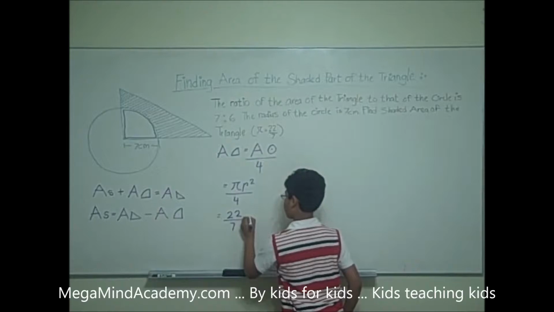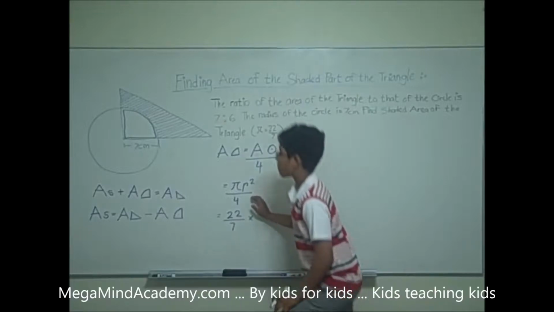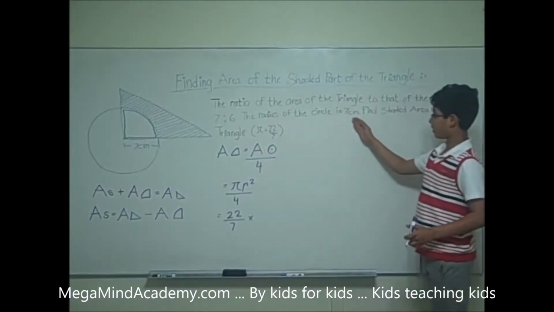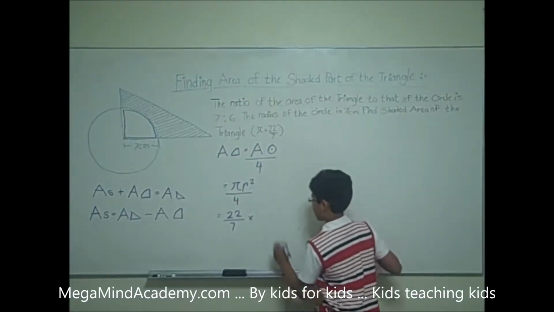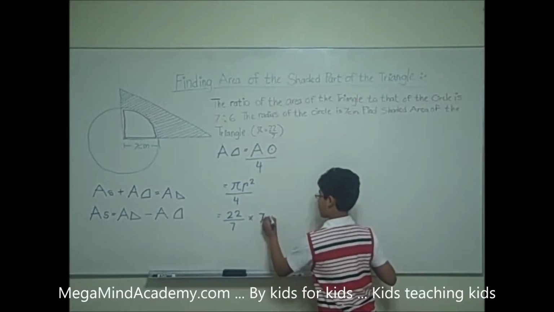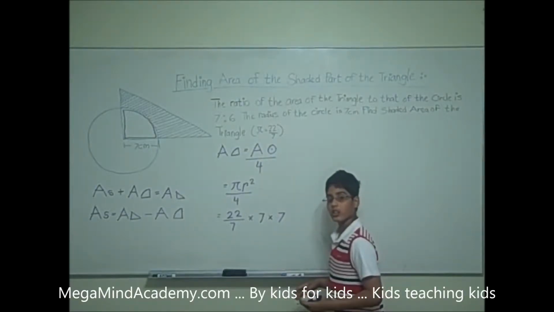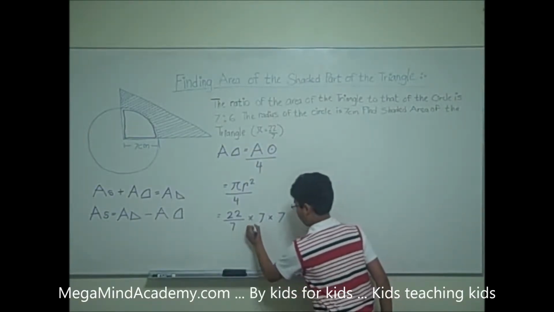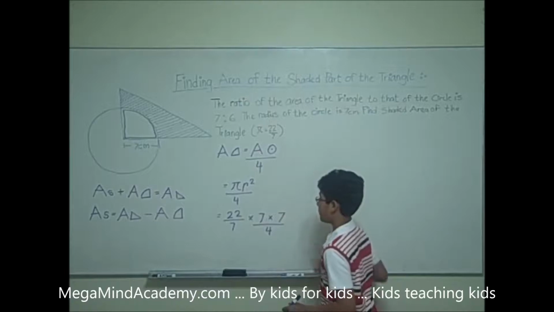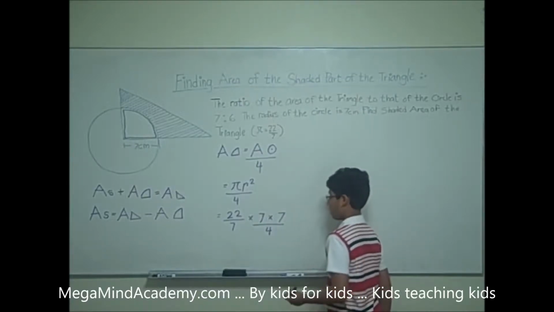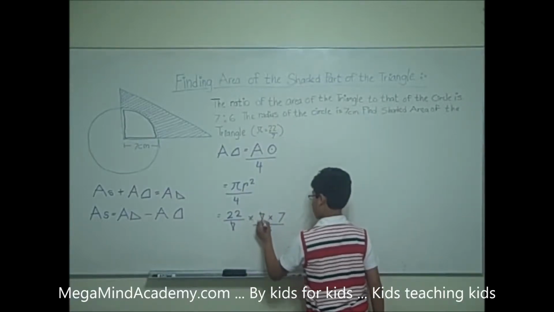So 22/7 times the radius squared, which is the radius times the radius. In the problem, it states that the radius of the circle is 7 centimeters, so times 7 times 7 again, over 4, because we are dividing by 4 to get the area of the quadrant. 7 goes into 7 one time, so this 7 cancels out and this 7 cancels out.